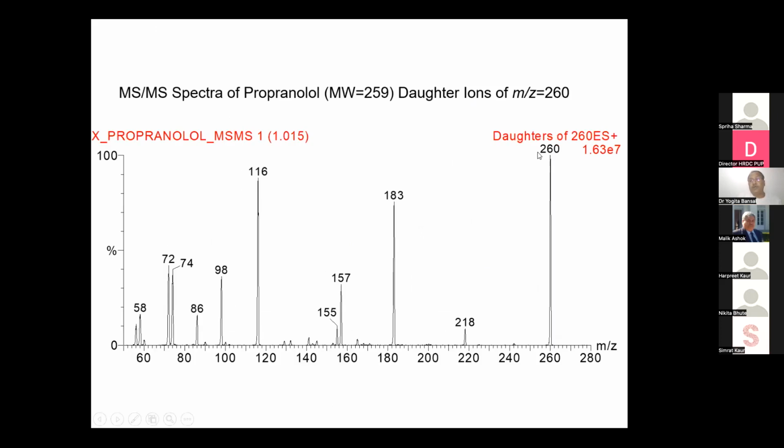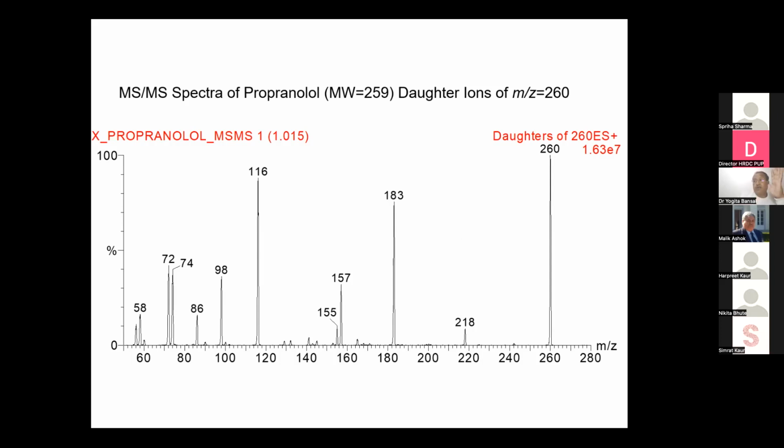Let's say we have allowed the mass of 260 to enter the second quadrupole, and in the second quadrupole the 260 fragments, and those fragments are analyzed by the third quadrupole. So 218 and 183 are all fragments, and this pattern, this spectrum, is called the mass spectrum of the molecule, and this is the fingerprint of a molecule in a particular ionization condition.